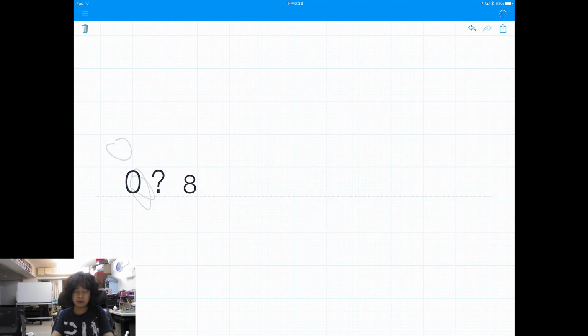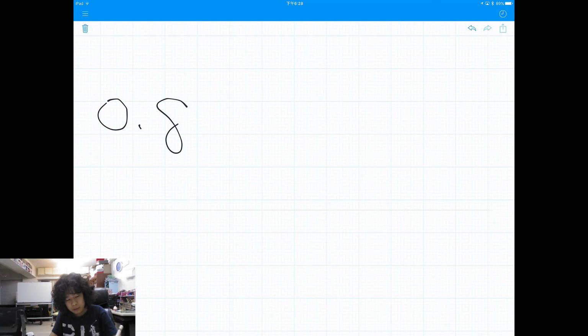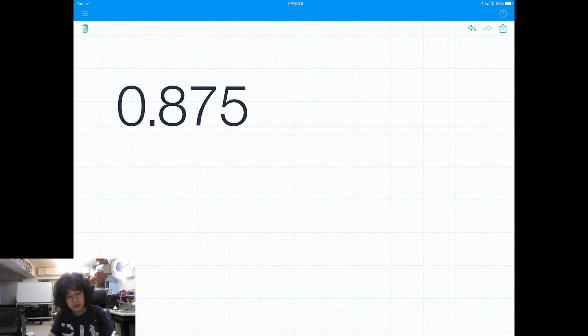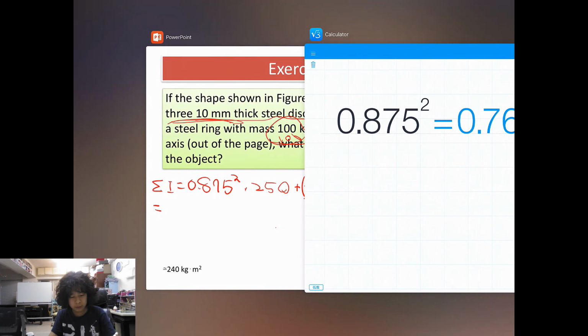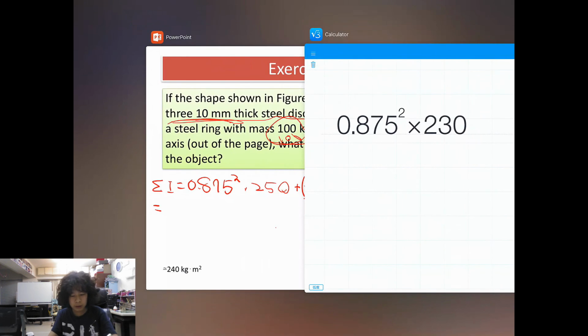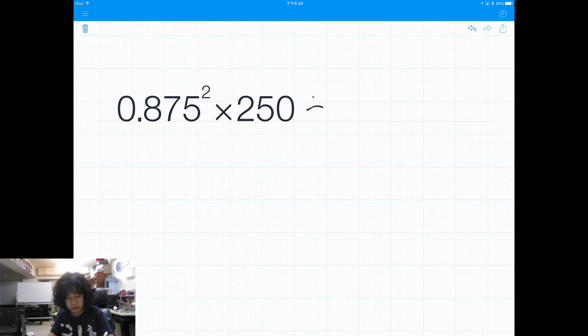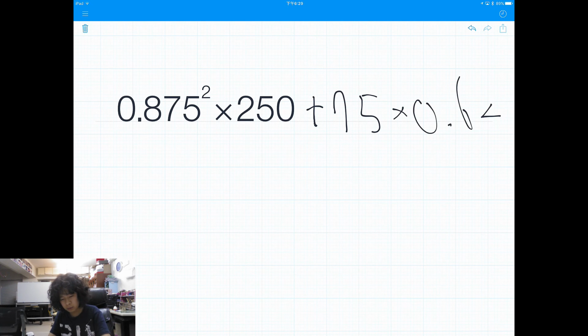So it's 0.875 squared times 250, plus 75 times 0.64.